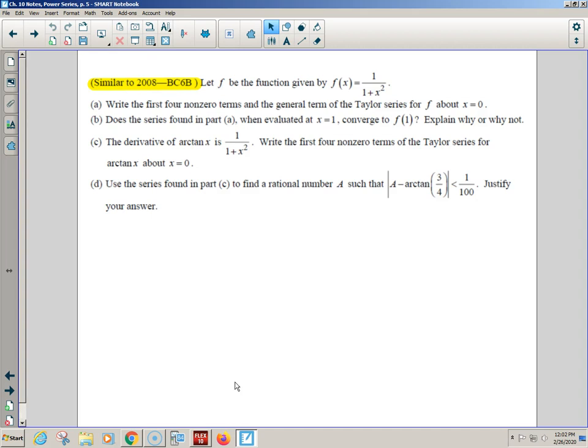Which means, instead of having to take the derivatives, I can say, oh wait, I just start at 1, and then I multiply by x squared. Yeah, 1 minus negative x squared. Now, how do you make a series out of that?